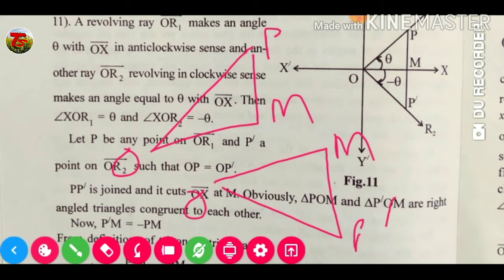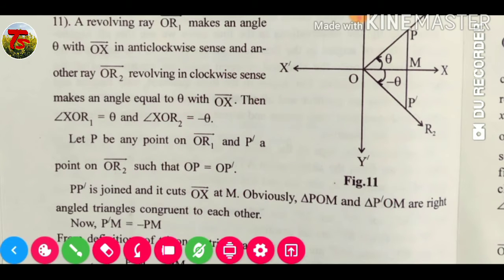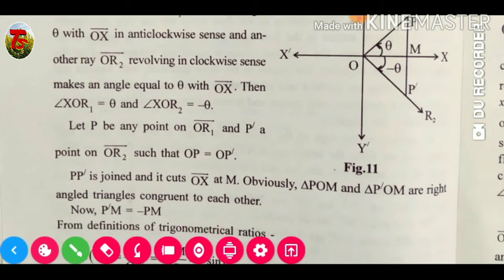These two are right angle triangles. This one is a right angle, this one is a right angle. According to our construction, OP and OP dash are equal and OM is common. So these two triangles will be congruent according to the right angle hypotenuse side congruency. So these two triangles are congruent to each other.